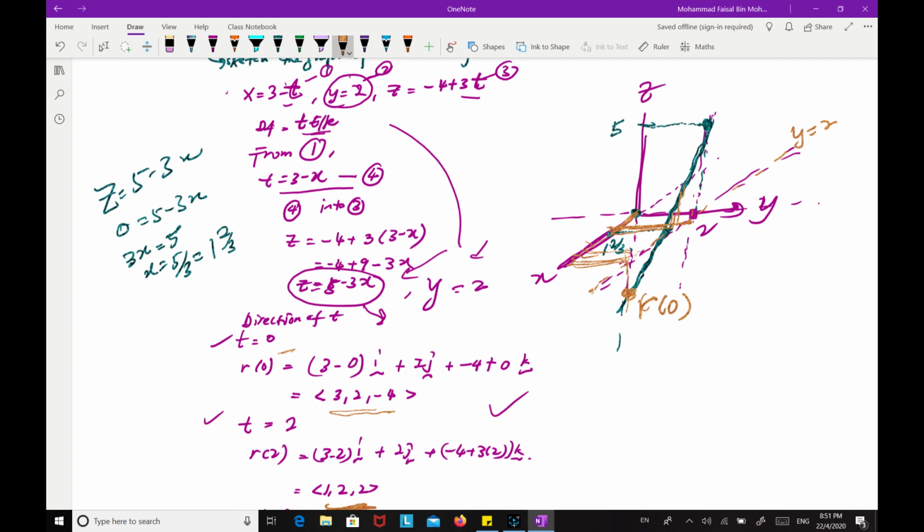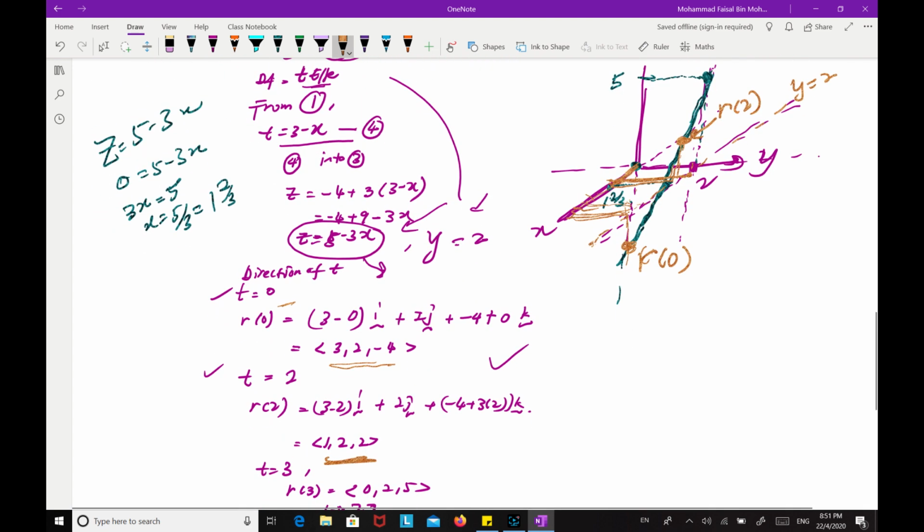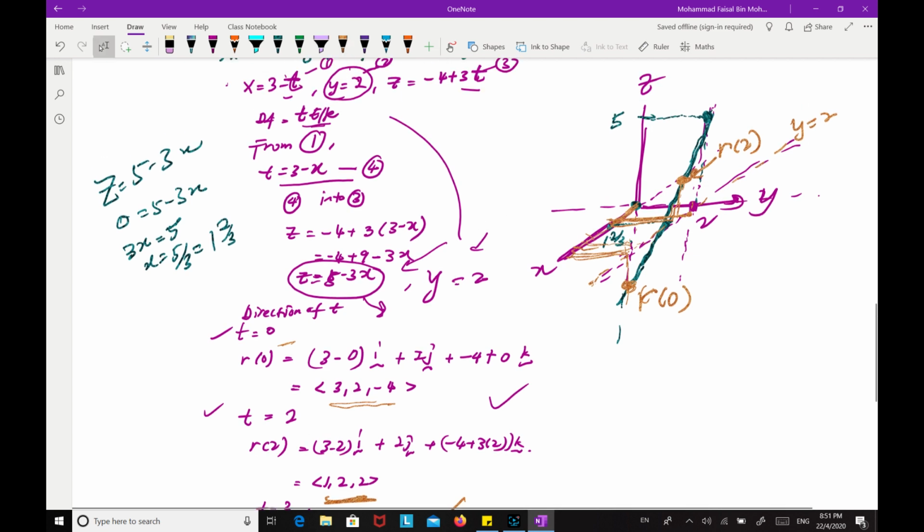Okay, this is R2. Okay, and then lastly we have 0, 2, 5. 0 at x, 2 at y, 5 at z. So this will be R3.